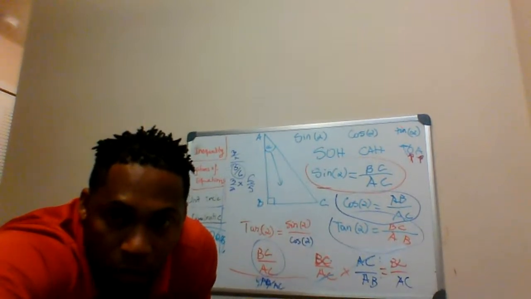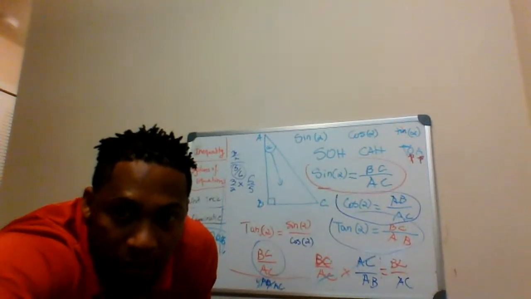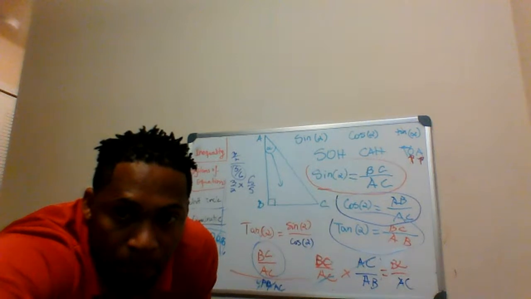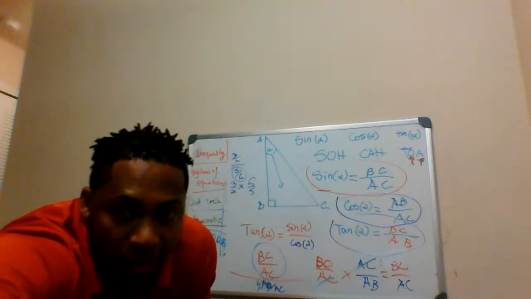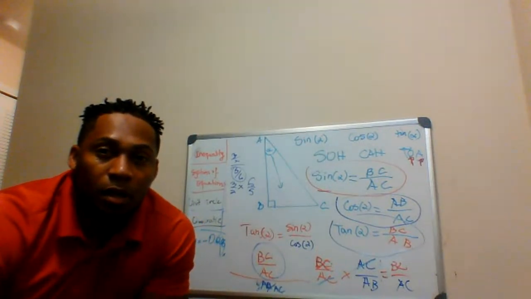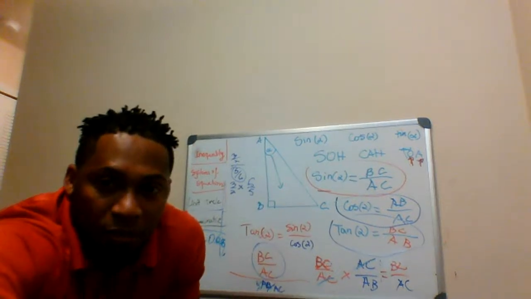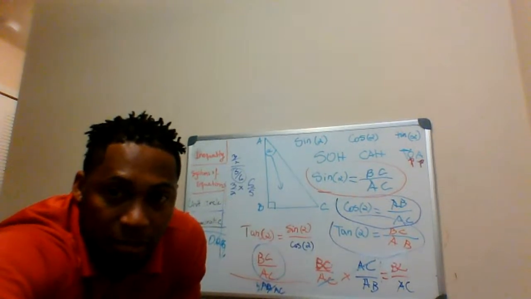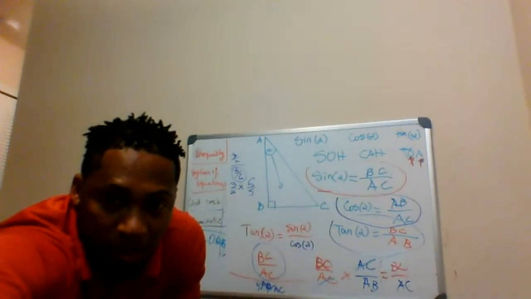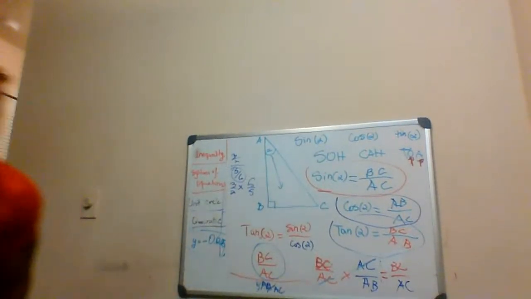Shelby, if you could be more specific. Are you saying like a Pythagorean, I'm not sure if you're referring to Pythagorean theorem, or if you could be more specific, Shelby, I would try to answer you.